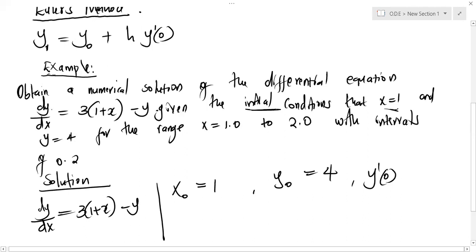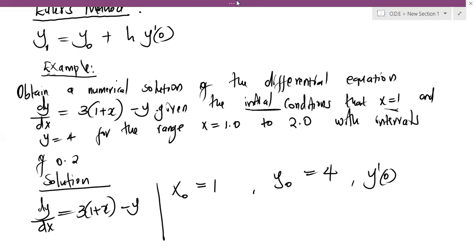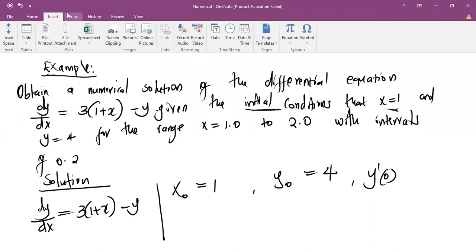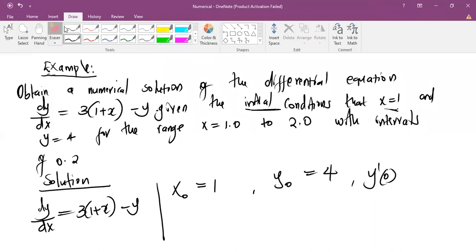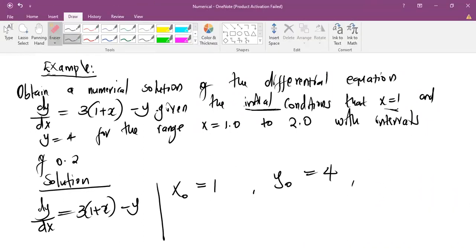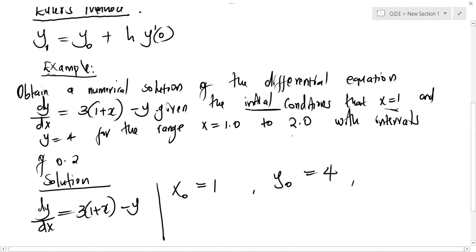So y prime naught, at the origin, what is it going to be? Let me write it nicely. y prime naught. So our dy/dx is this, guys, and this is the same as y prime.